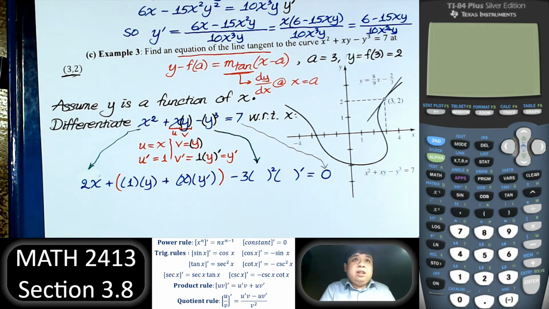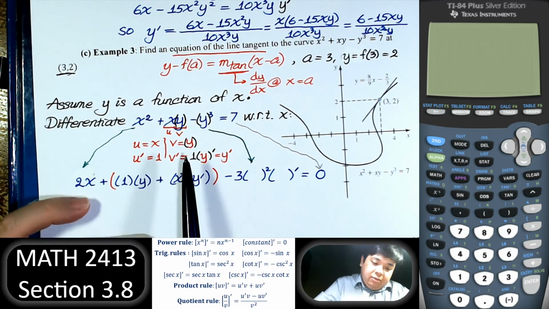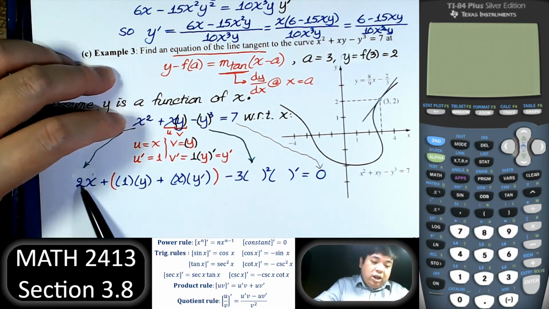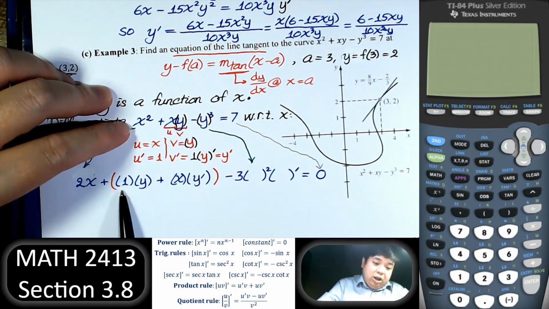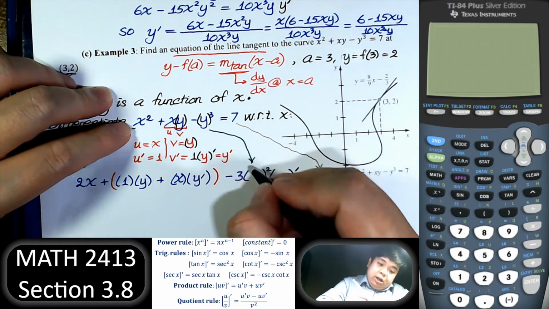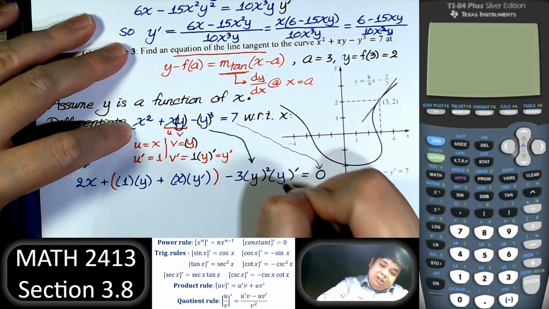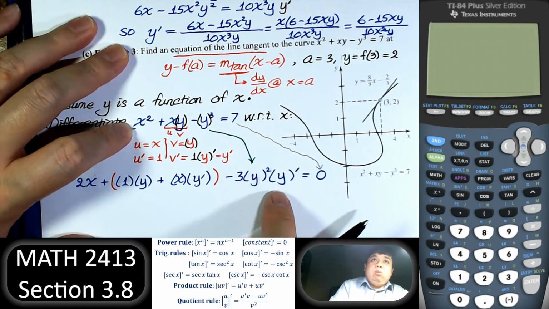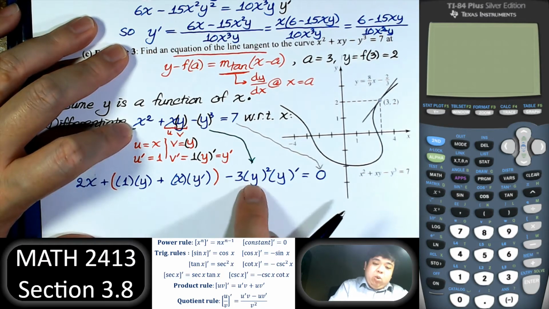So as you see, x squared is 2x, x times y derivative is the product rule, and for y cube, I put y in here, it's going to be y prime, I mean 3y squared times y prime.